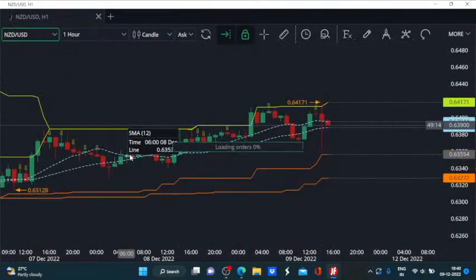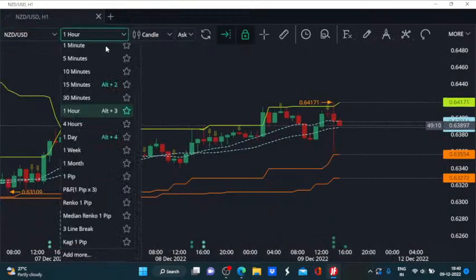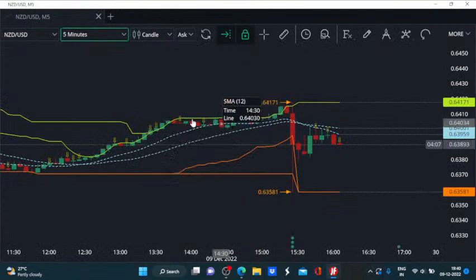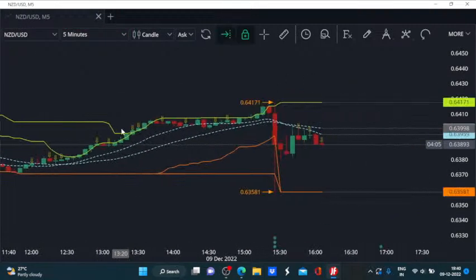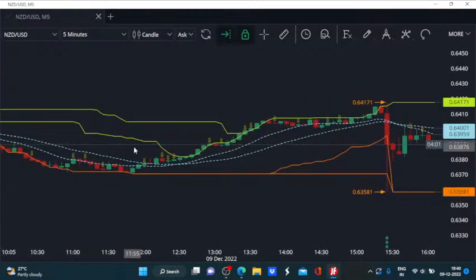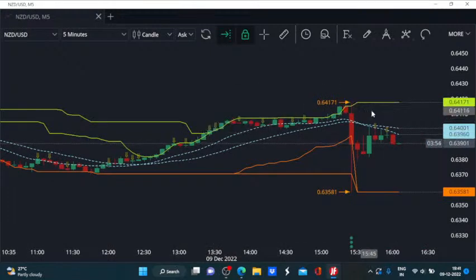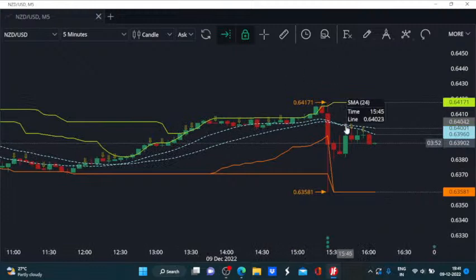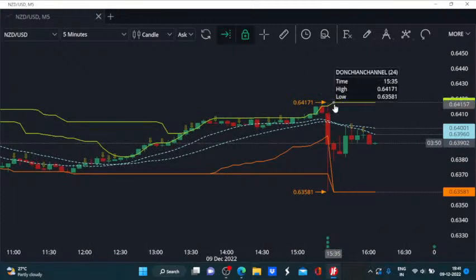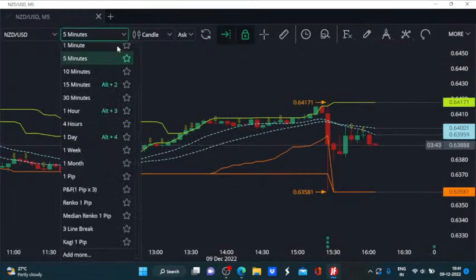Let's consider NZD as well. NZD is showing a trajectory somewhat similar to the AUD. We had this move on the higher side with this swing high formation happening at around the same time. Then it has now clawed back almost half of the losses after the release of US data. So this is more in line with the price formation of the AUD.